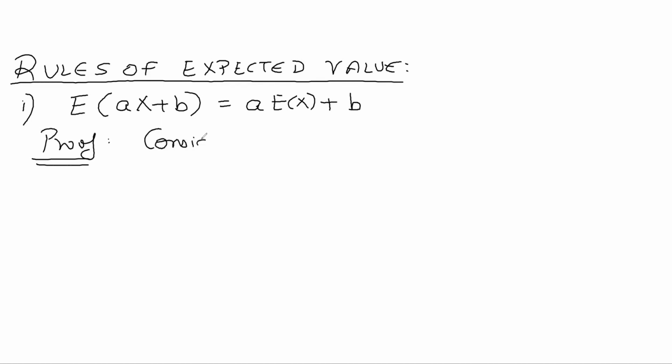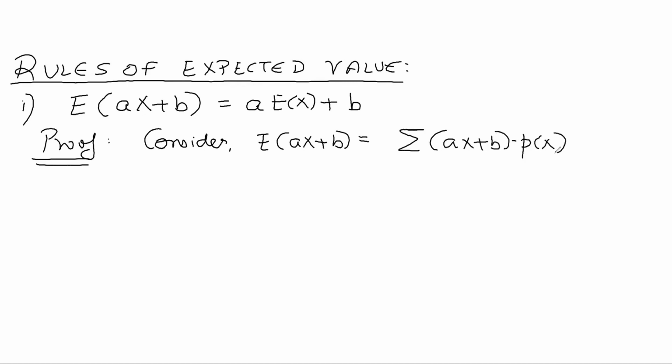Consider, by definition, what is expected value of ax plus b. It will be summation ax plus b into p of x. We just studied this, right? Recall that expected value of h of x is summation h of x into p of x.